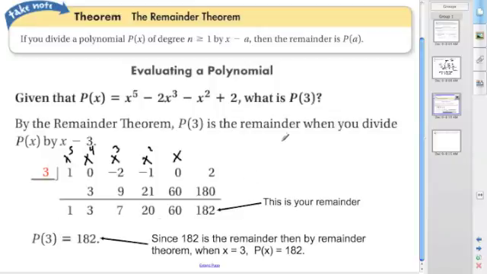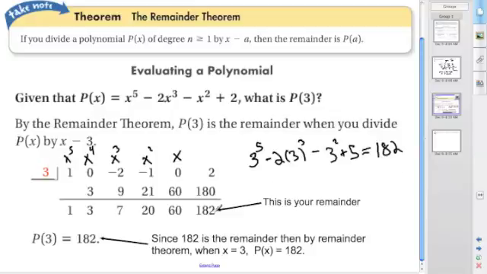And you can easily check this by going 3 to the 5th minus 2 times 3 to the 3rd minus 3 squared plus 2, and you do get 182. So there's two different ways to evaluate it.